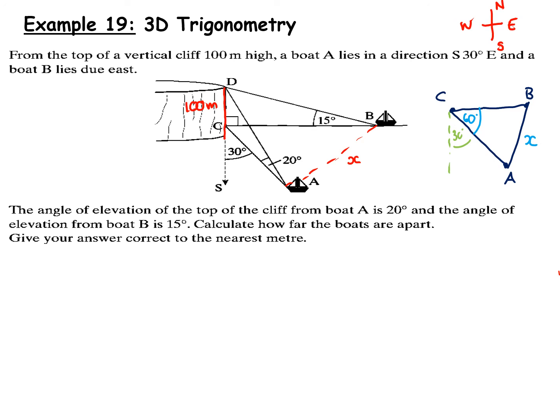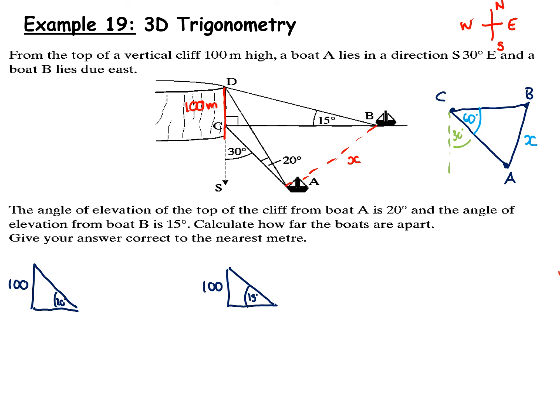We have 2 right angle triangles here, one for boat A. So boat A has a 20 degree angle here and 100 meters here. And boat B has a right angle triangle as well. It's 15 degrees and 100.